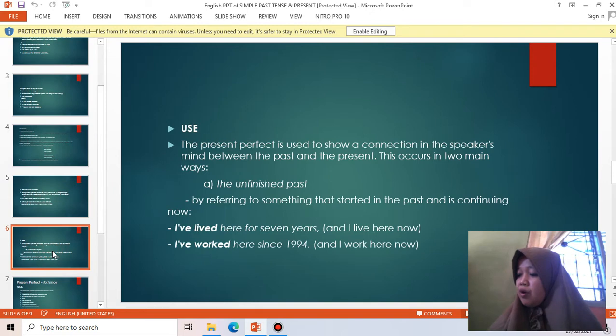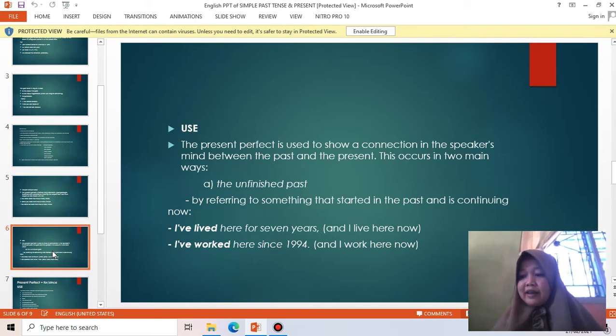Okay. So, what is the usage of present perfect tense? There are so many usages of present perfect tense. As you know, present perfect tense is used to express an event that started in the past and the impact of the event is now continuing.